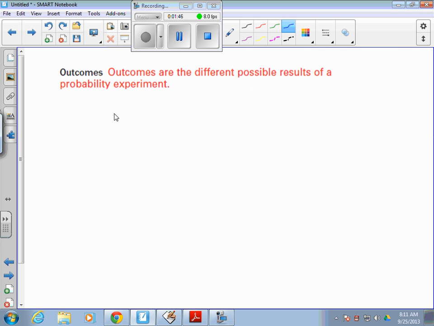Outcomes are the things that actually happen. What happens when you pull one of those things out of the bag? That's the outcome. So whatever comes out, either favorable or unfavorable. And don't get those words favorable and unfavorable confused. Favorable doesn't mean good. It just means what you're looking for.